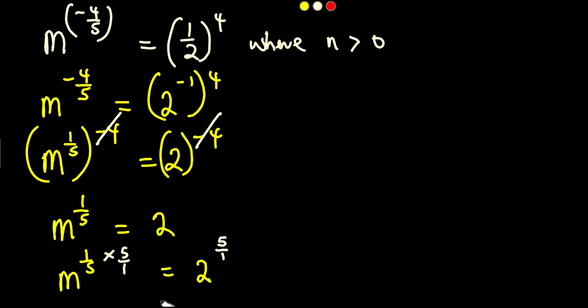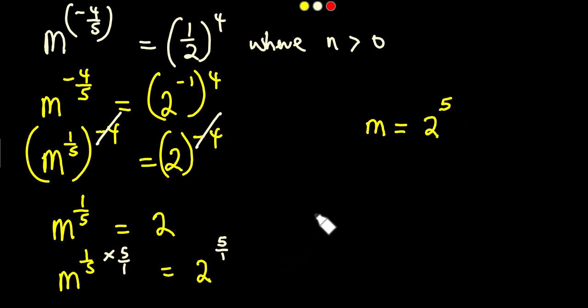That way you can see that the 5 cancels out the 5 on the left and the 1 cancels out the 5, leaving just the letter m on the left. So you have m on the left, equals, and 5 over 1 is the same thing as 5. So you might just as well write this as 2 to the power of 5.